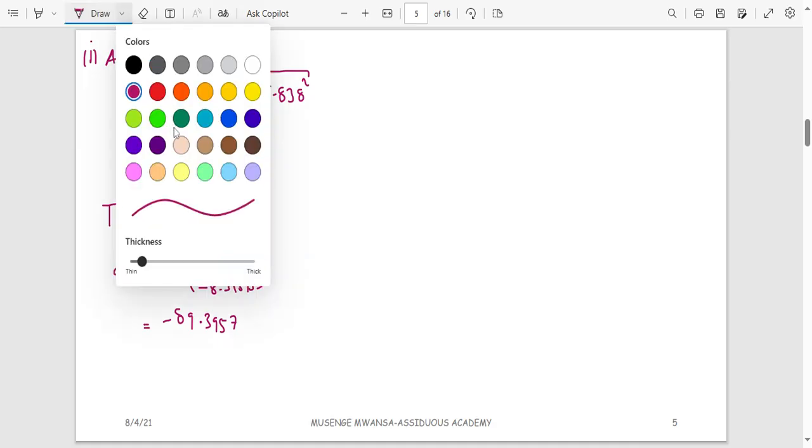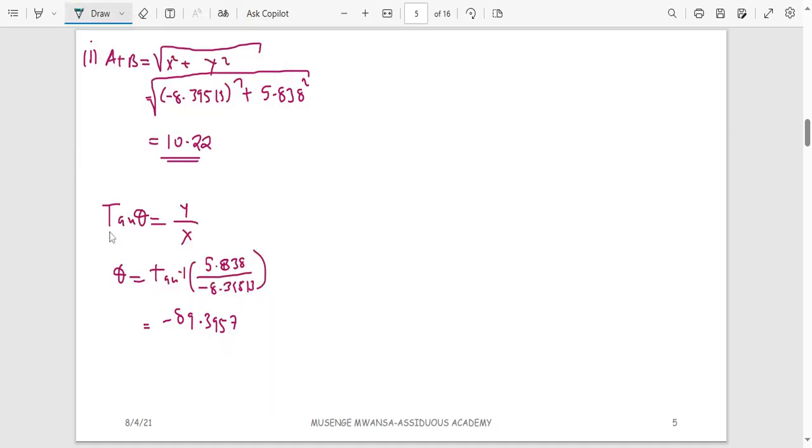Every time you find a vector, find in which quadrant this vector is. How do you do that? Look at the sign of the x value. The x value is negative, the y value is positive. So which quadrant is that? Where x is negative and y is positive, it is the second quadrant. I said that every angle you find is always related to the x-axis. So the angle we have found here is this one, the 89.3.